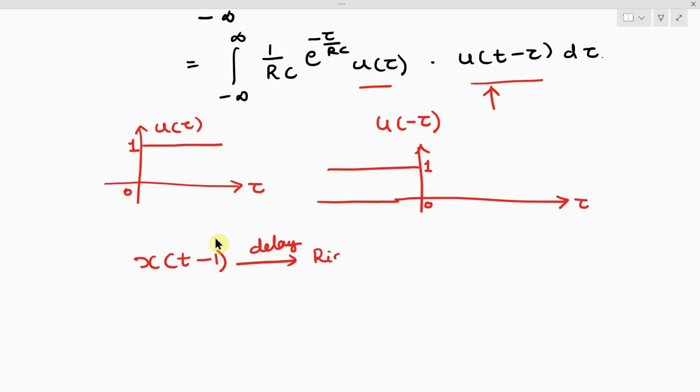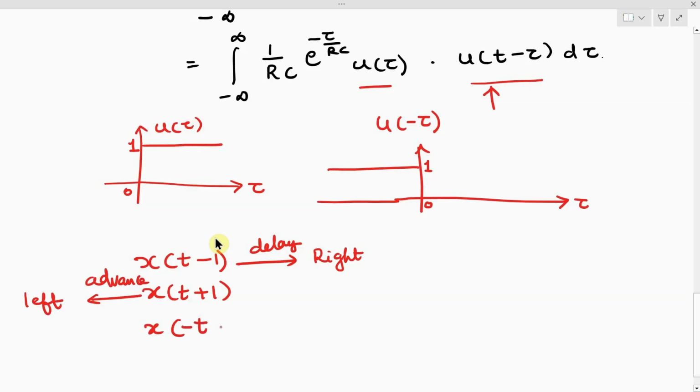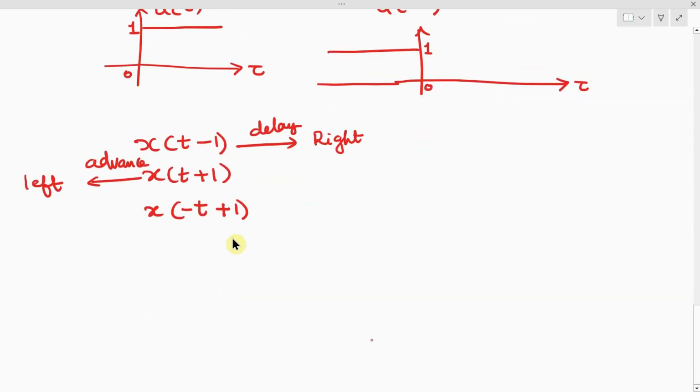Right. Correct. x of t plus 1 is advanced, and advanced means shift towards left. Now tell me again, if I have x of minus t plus 1, shift towards right or left? Right. So it is shift towards right. Whereas x of minus t minus 1, because of this negative sign, the direction reverses. So it should be shift towards left.